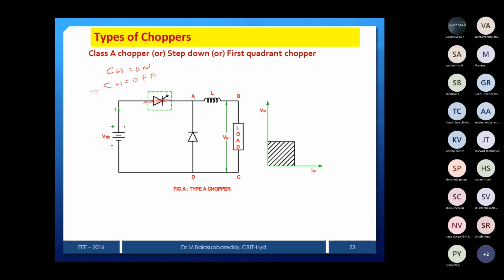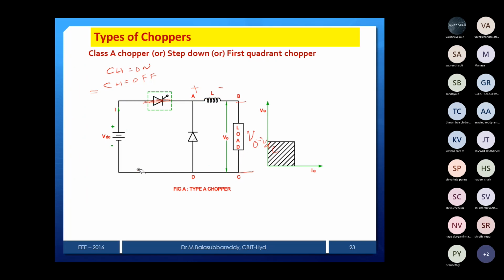Then what is the current? Current will flow like this. It goes to the inductor, goes to the load, then to the source. Then what is your output voltage? Output voltage is the same as the supply voltage, so that is equal to VDC. And the inductor will store the energy like this. So this is the instant when chopper is on.